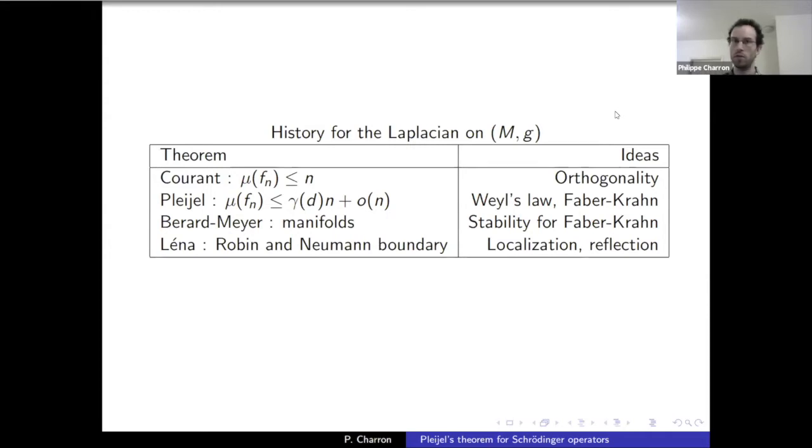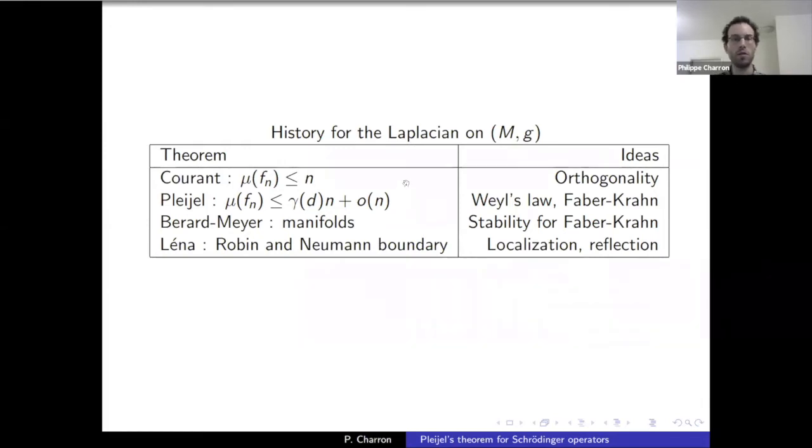There have been some results trying to understand this little o here. But because we're only looking asymptotically, we're just looking at this main term. So asymptotically, Pleijel's bound is better than Courant's bound.